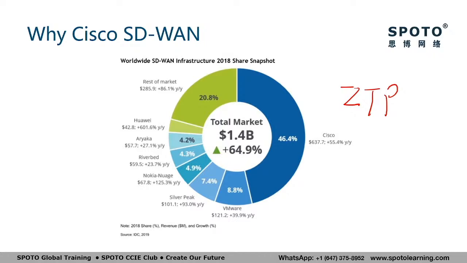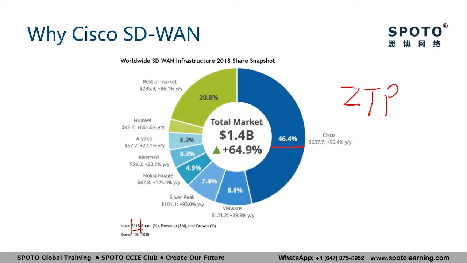For Cisco's SD-WAN, as the diagram shows here, in 2018, this year, the market share of Cisco SD-WAN is about 46%. It's almost half of the market share. So Cisco is a top vendor, top player in this playground.